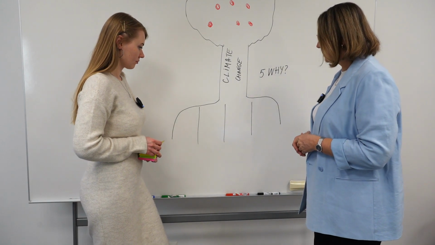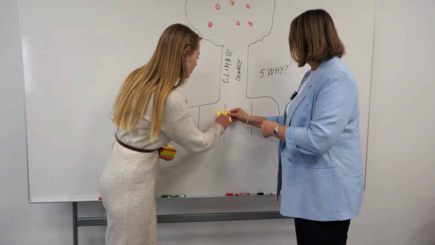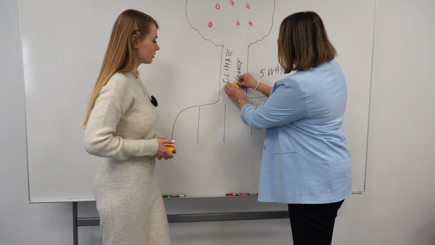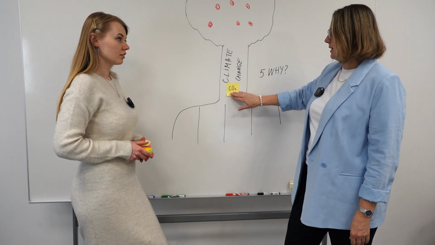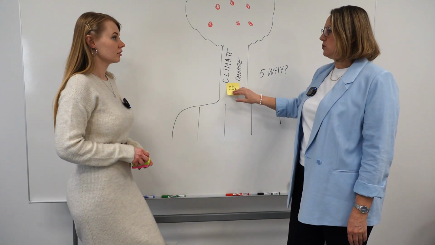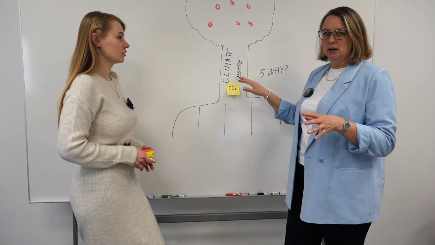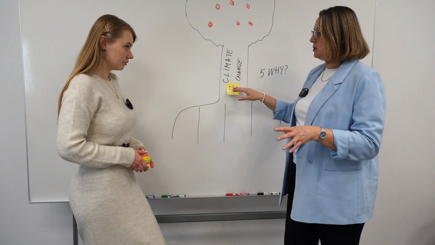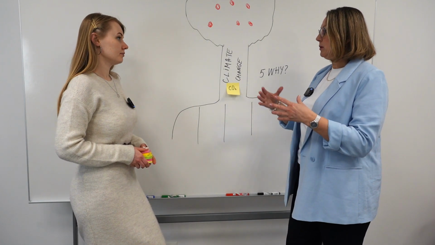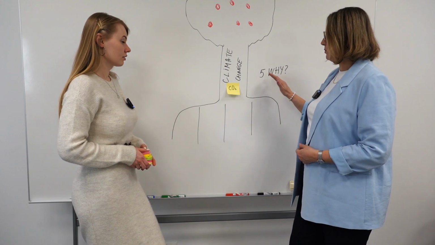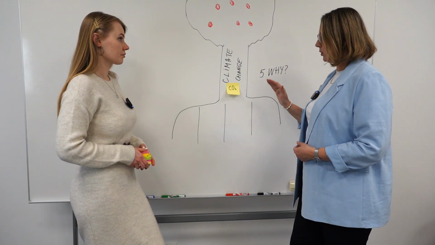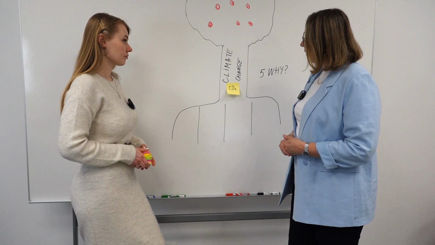Let's place the CO2 as the core reason for climate change. And now we want to understand what causes CO2, why there is excessive emission of CO2. There are many reasons, and for that, we want to find 5 answers. What are those causes? So what do you think?